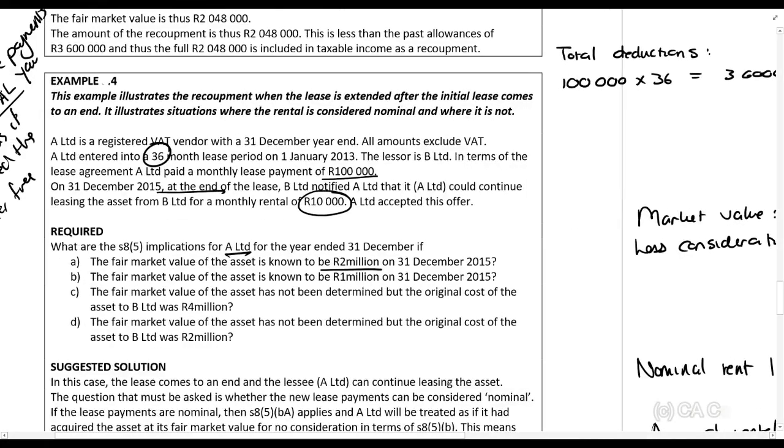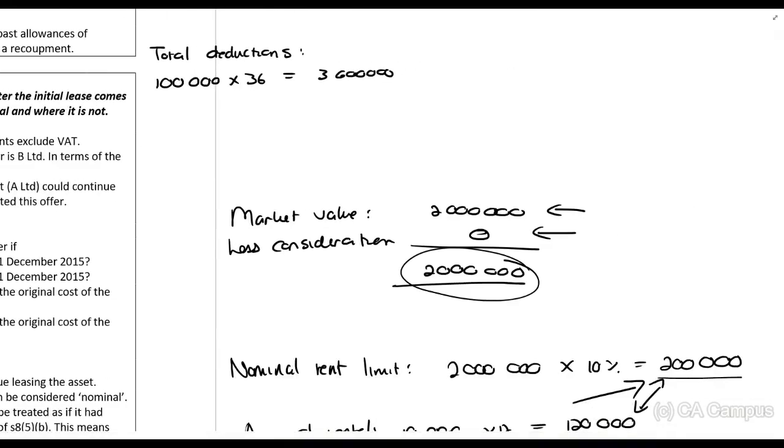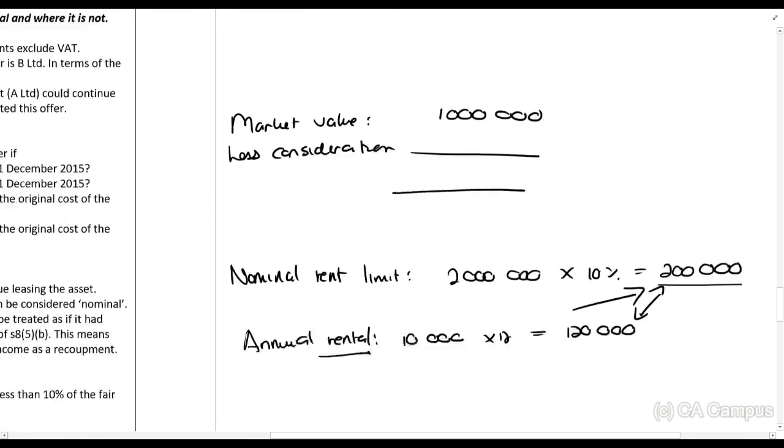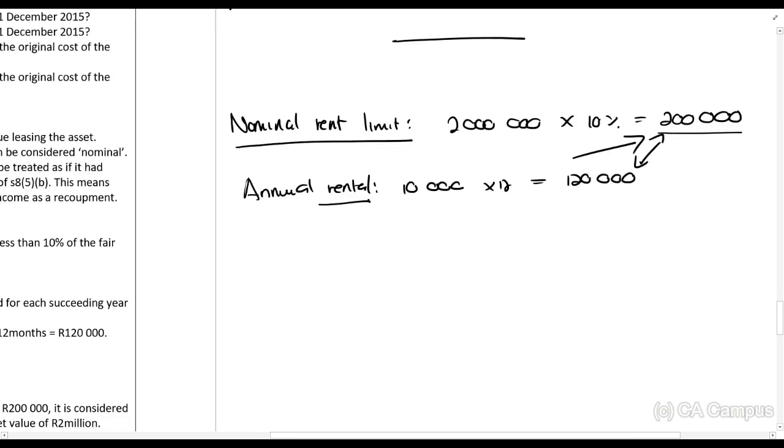Okay, see now the next example. Situation B. What happens if the fair market value is known to be 1 million rands instead? Okay, so let's just clean everything up. So the market value is known to be 1 million rands. So when we now calculate our nominal rental limit, it is not 2 million times 10%, it is 1 million times 10%, which gives us 100,000 rands. So that is the amount that we must compare to our annual rental.